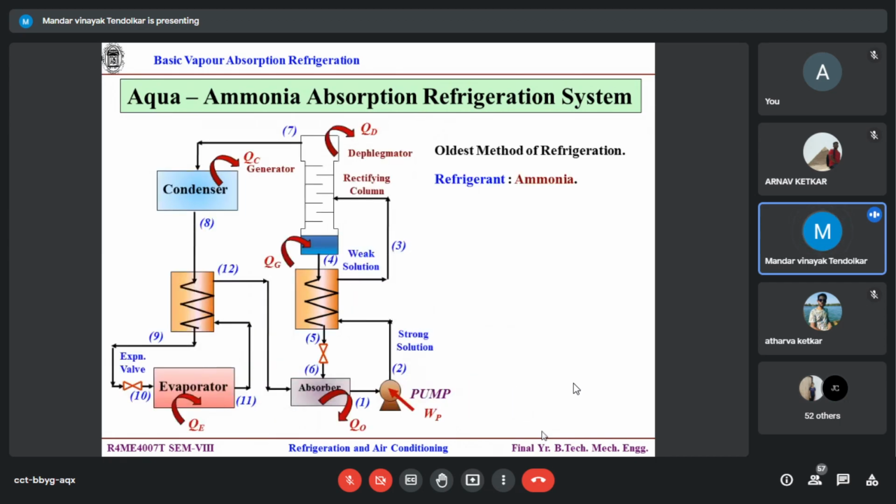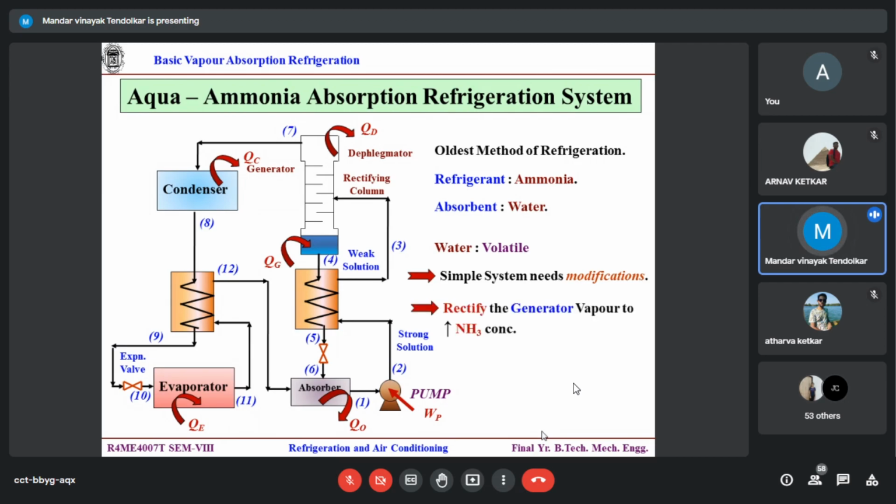Okay. Oldest method of refrigeration. The name itself is aqua ammonia. Here the refrigerant is ammonia. The absorbent is water. Okay, aqua. Now water, volatile in the sense it may go into steam phase. So that is a problem because steam should not go in the condenser. If it gets condensed and further after the expansion, it will form ice and the entire evaporator will get choked down, rusted.